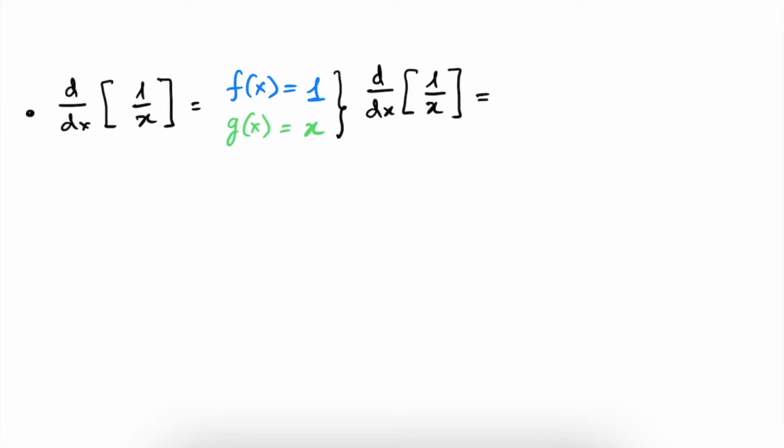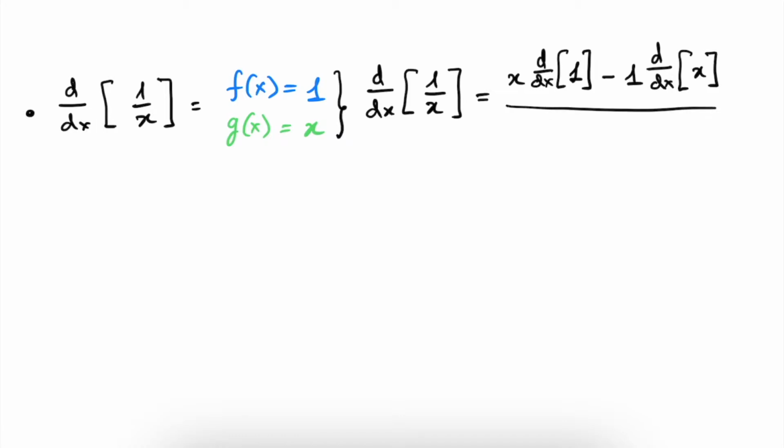So we first leave g unaltered, which is x, and we derive our first function. Then we leave our f of x, our first function, unaltered, and we derive our g of x, which is x. And we divide by g squared, and g squared is in this case x squared. Let me rewrite this.